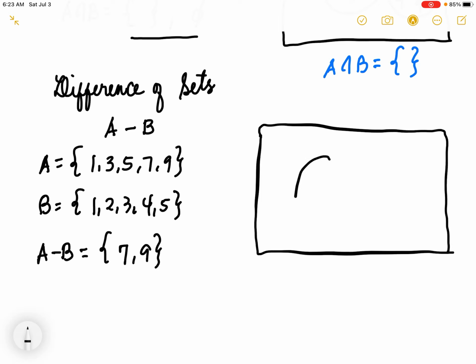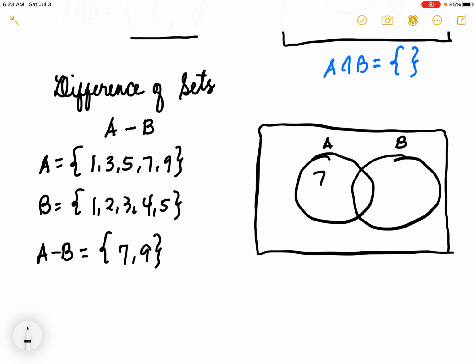This is our set A and this is set B. The elements in set A, first we will write the elements that are not common, 7 and 9. Then the common elements we have 1, 3, and 5. Then for set B, the unique elements in set B are 2 and 4.